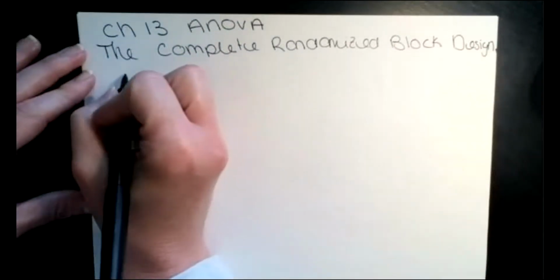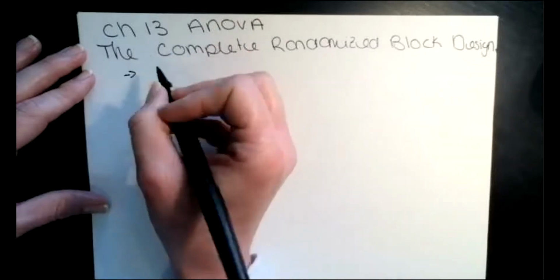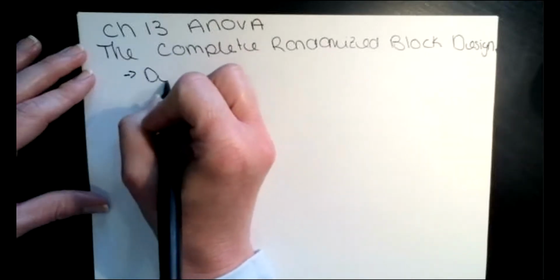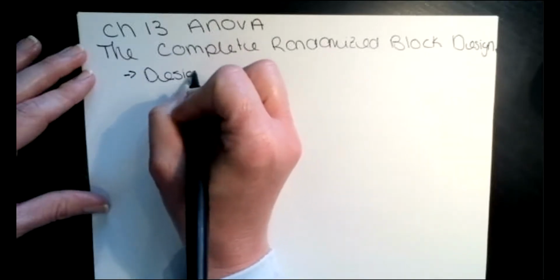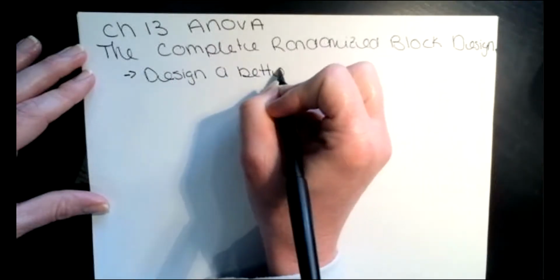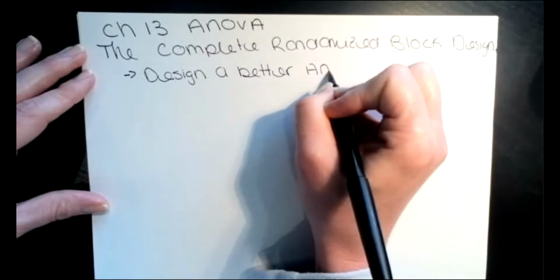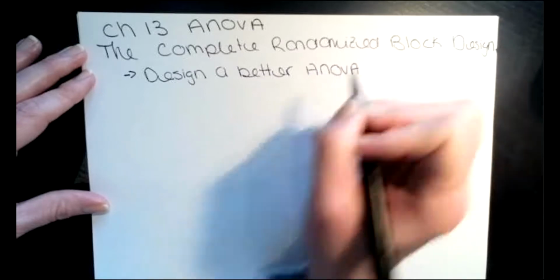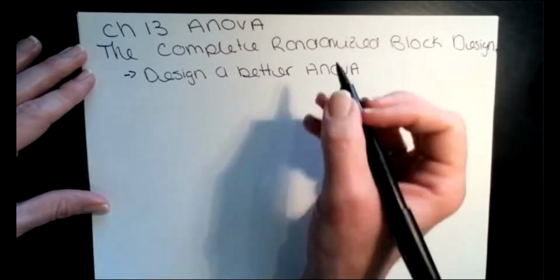So this is going to help us design a better ANOVA. This will improve our original ANOVA, our analysis of variance, okay?